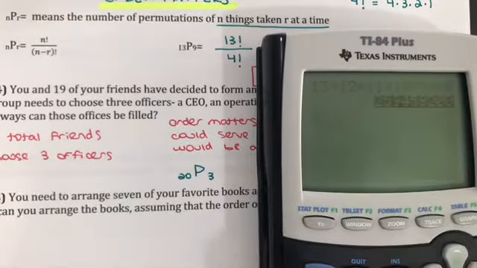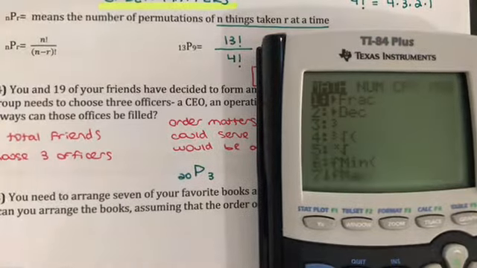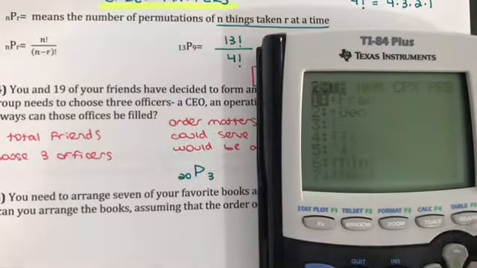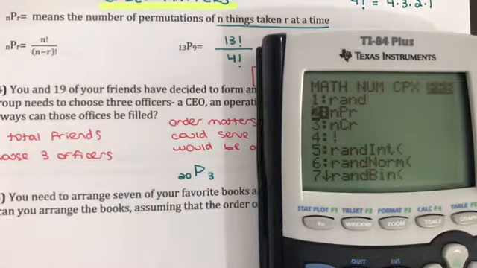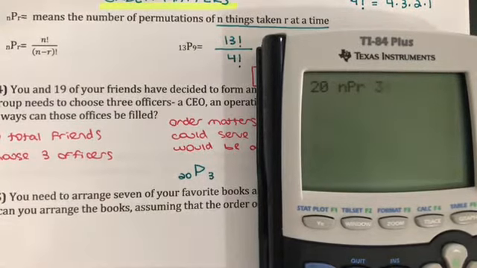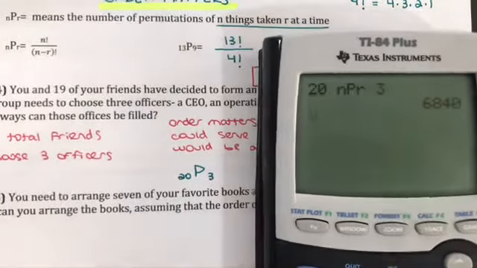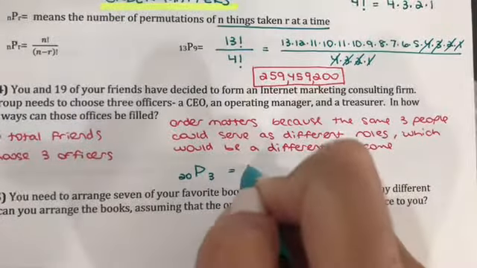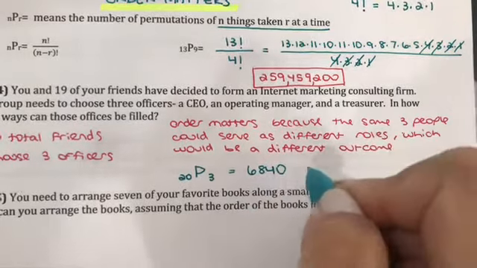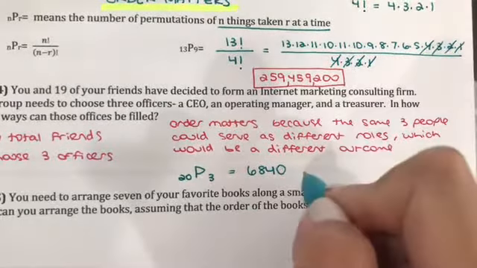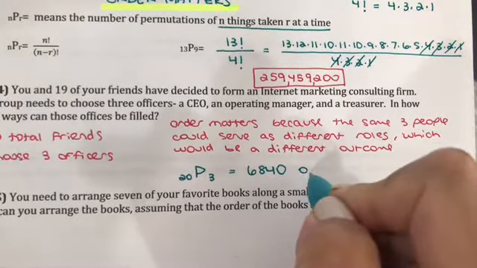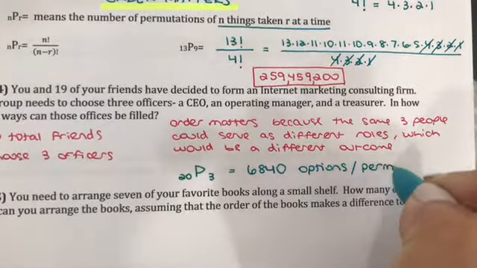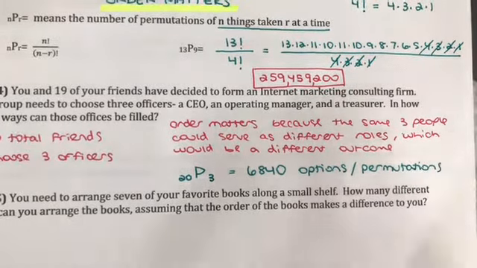Make sure you type in 20 first, then hit the math button, NPR, choosing 3 people, and there are 6840 different possibilities. We'll say options, or permutations is the word that we use.